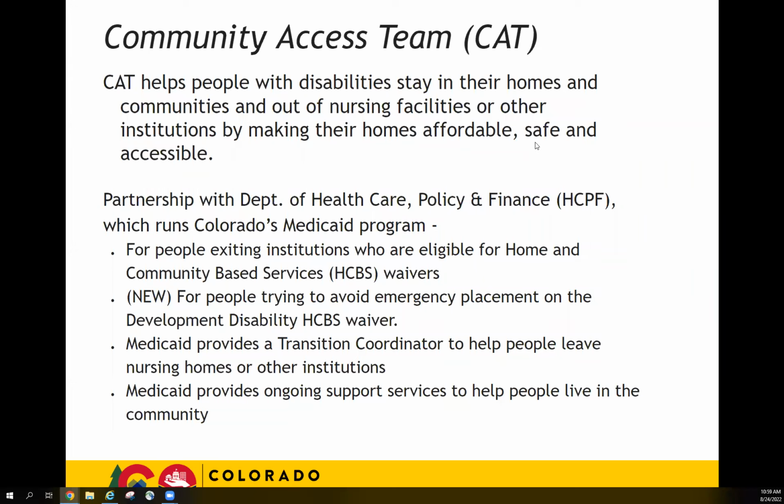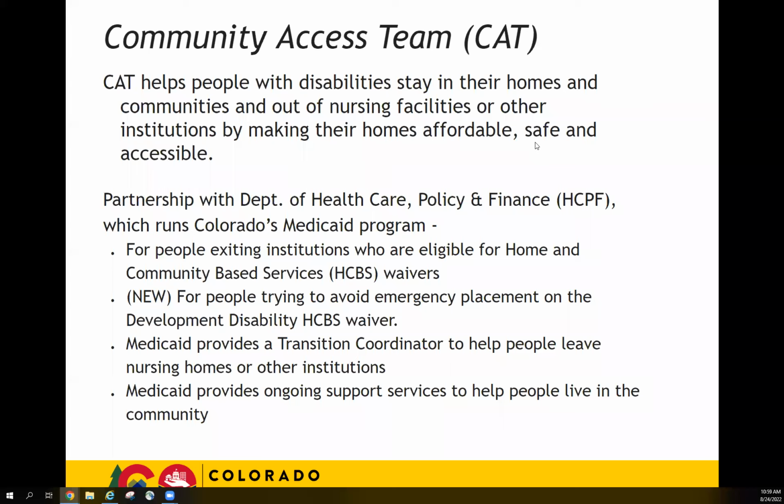And again, it is for those exiting institutions, and they need to be eligible for HCBS waivers, which is home and community-based waivers. New for the people, it's also trying to avoid emergency placement on the development disability HCBS waiver. So that's also a new part, I guess, of the program, a new waiver that we can implement.